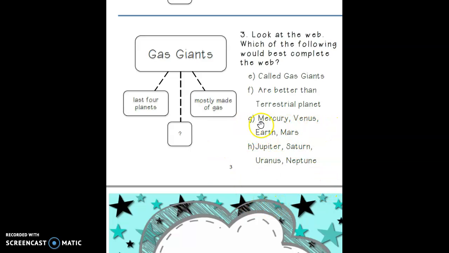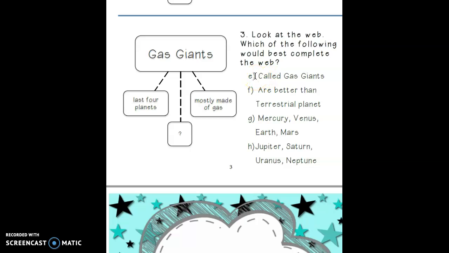Well, we know it's not Mercury, Venus, Earth, Mars, and it's probably not F, because that is an opinion, which is not what this article was really about. It was more about facts.